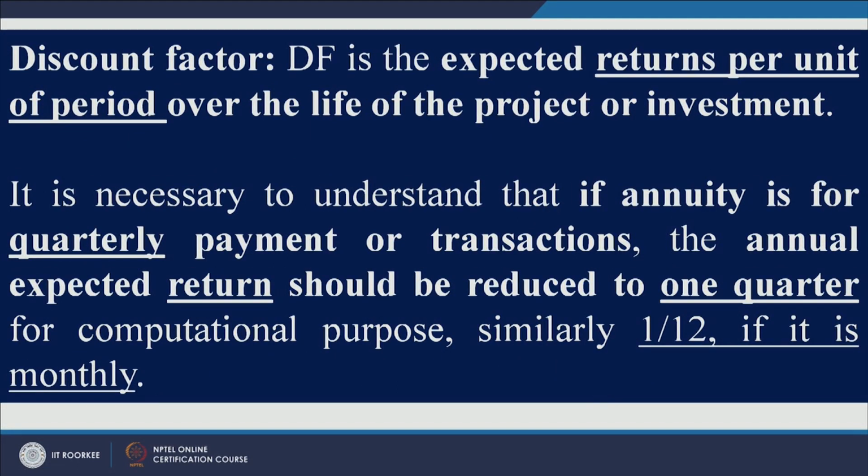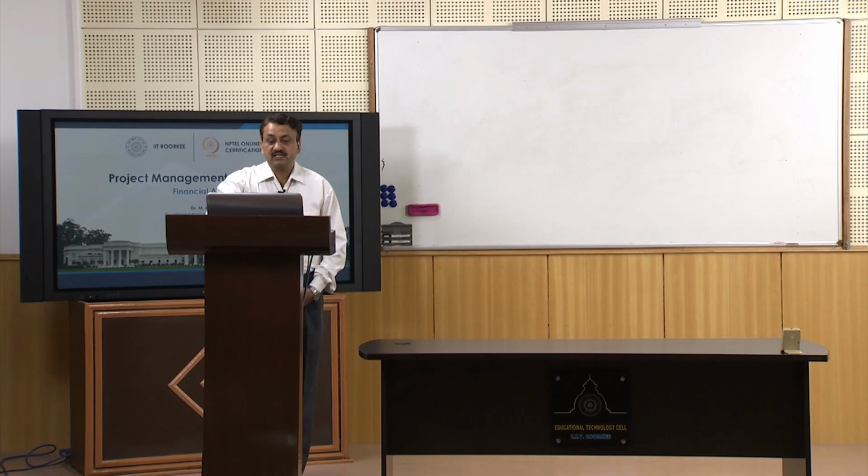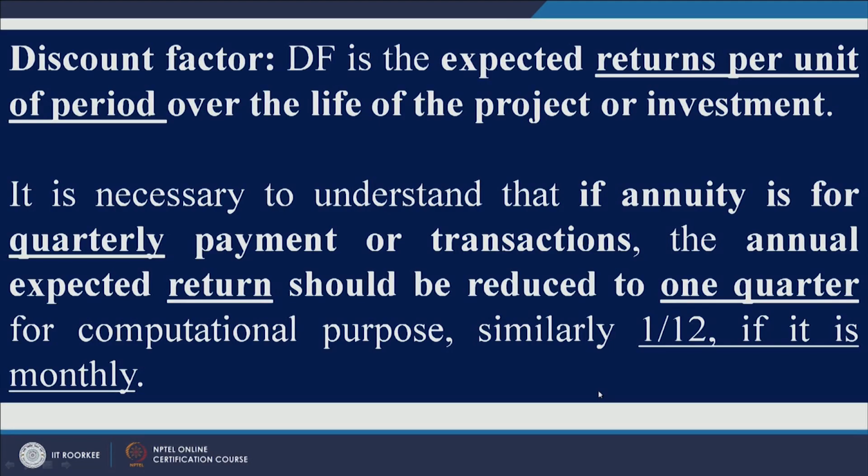There is something called discount factor. Discount factor is the expected return per unit of period over the life of the project, right? So it is necessary to understand that if annuity is for quarterly payment, the annual expected return should be reduced to 1 quarter for computational purposes.